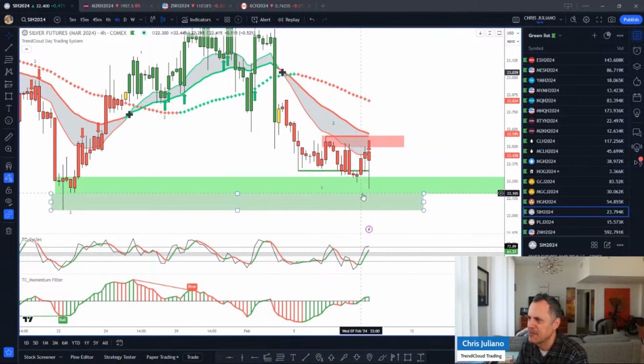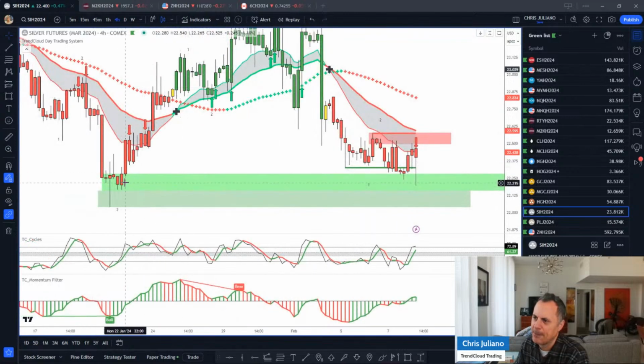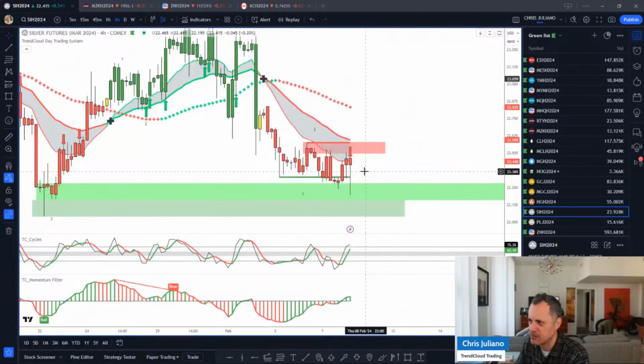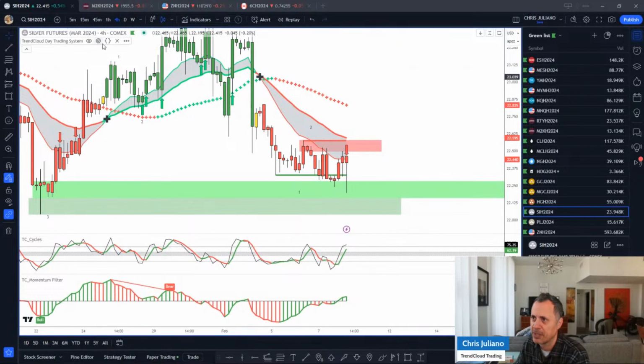It did break out to the downside, and I drew two little demand zones here. This first demand zone is pretty much the body of the candles, and then this down here is the wick of this pivot candle. Nothing fancy. It's just something I did for my own visual.